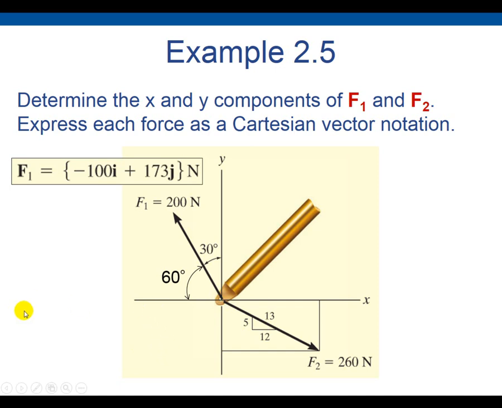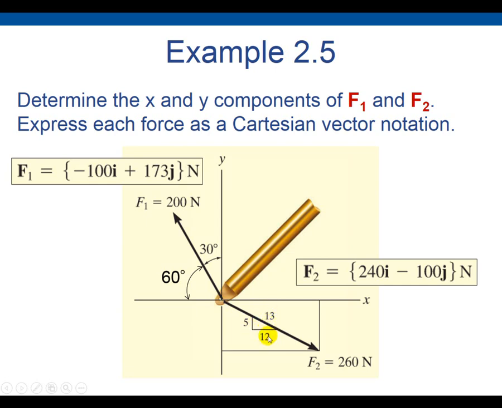So in this case, F1 is 200 Newton times cosine 60 degree minus, so that is 100 i, plus 200 Newton times cosine 30 degree, which is positive y direction, that is 173 j. Okay. For F2, it is 260 Newton times, there is no theta information, so we use this information.